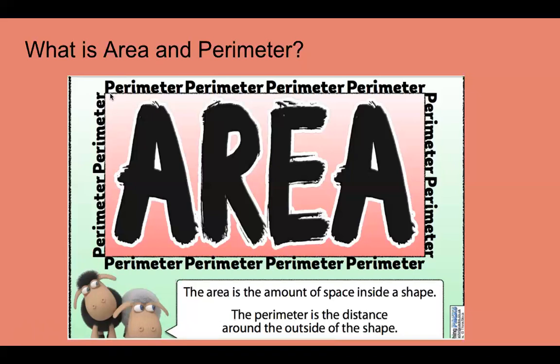So I'd have to find the distance around by adding up the sides. If I needed to know how many plants per square foot of the garden, then I would have to find the area because the garden would be on the inside. So fencing would be like the perimeter, the plants are the area. So that's kind of a helpful way to think about it.